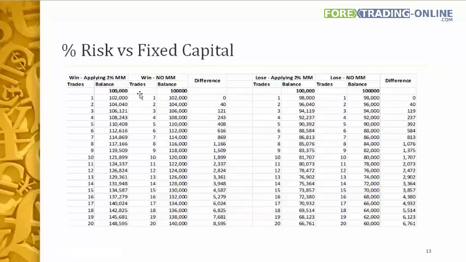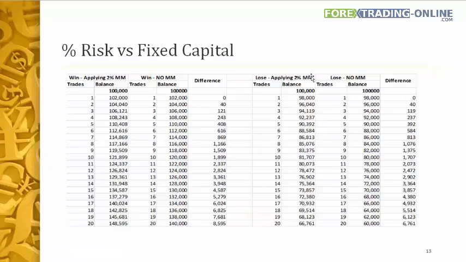As we can see, at the end of the 20 trades, applying a 2% rule, we have a balance of 148,595 as opposed to 140,000. So applying a 2% rule as opposed to a fixed capital amount will amplify your gain.